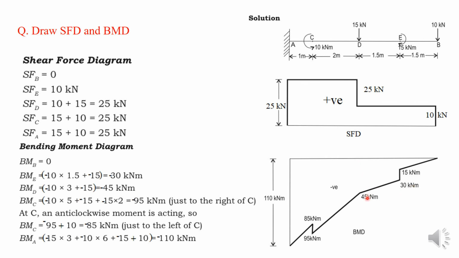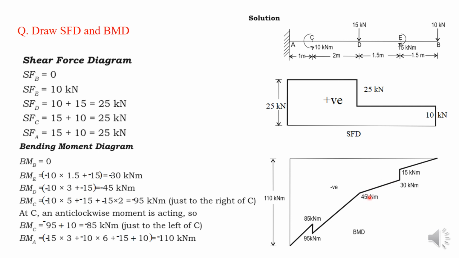Then we have to draw the bending moment diagram for the E to D region. For that, consider again the section line and just apply the values. The value of bending moment at D will be 10 into 3, which is clockwise, that is minus 10 into 3 minus 15 kilonewton meter, that means 45 kilonewton meter at this point.